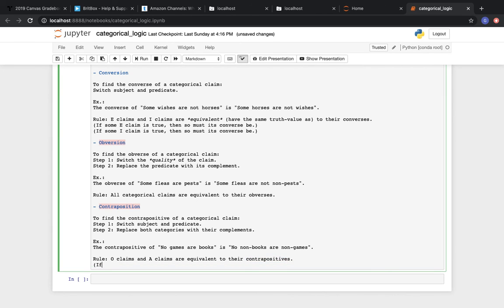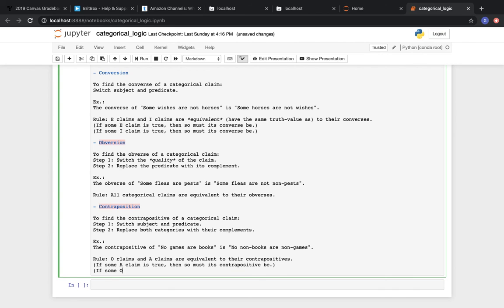And so in particular, if some A claim is true, then so must its contrapositive be. If some A claim is false, then so must its contrapositive be false. If some O claim is true, then so must its contrapositive be. And if some O claim is false, then so must its contrapositive be false.